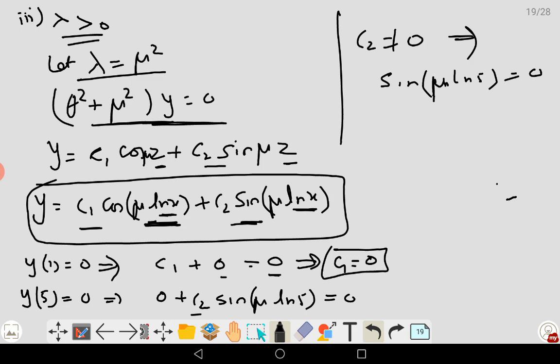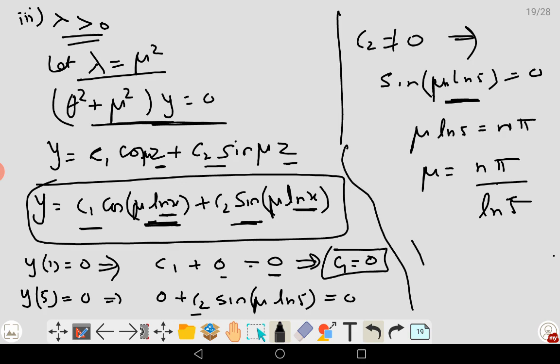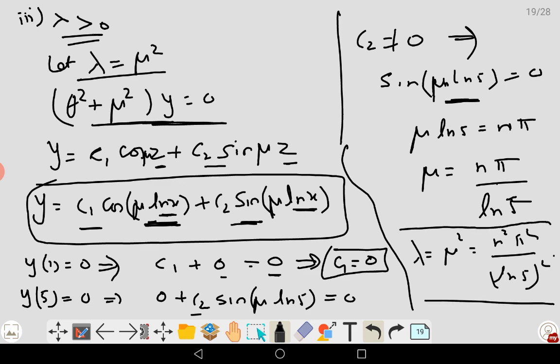So sin mu ln 5 should be equal to 0. So this part should be equal to n pi. Mu times ln 5 is equal to n pi. Therefore mu is equal to n pi over ln 5. Mu is root of lambda. Lambda is mu square, so n square pi square over ln 5 whole square will be the eigenvalue.